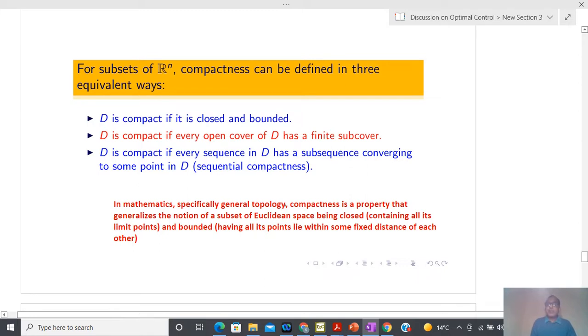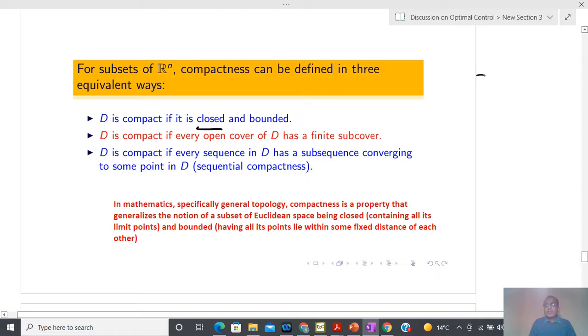If you have some kind of space, and I say that the space is closed, it means that it contains its limiting points. What is the meaning of a limiting point? If you vary something, then finally you land up at some point, it means that you are going to converge somewhere. And bounded means all points lie within a certain fixed distance from some point, and whatever distance comes into the picture, that is fixed.